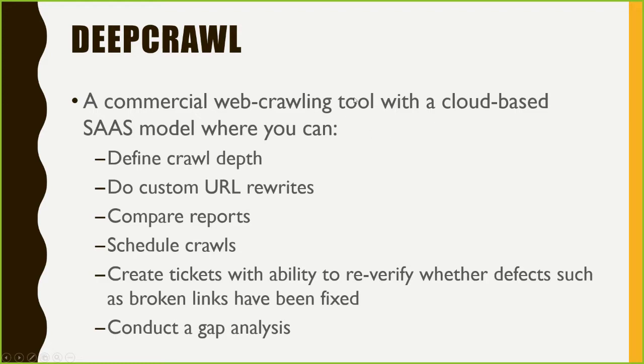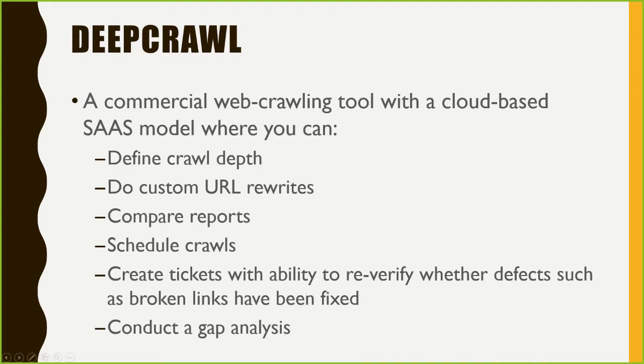DeepCrawl is a tool that figures out how you could do some URL rewrites. And URL rewrites are a nice way to make your URL look nicer. You might be able to get rid of some of the attributes of the website.